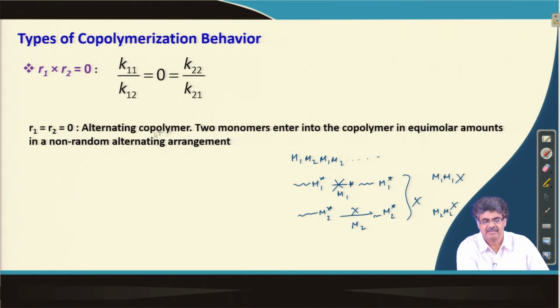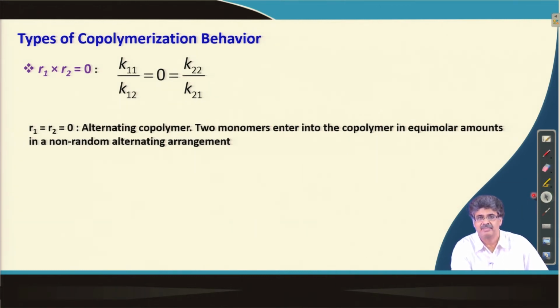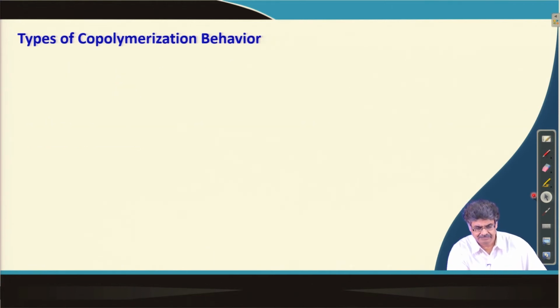So, we will get a perfectly alternating copolymer, and then both capital F1 and capital F2, that means the mole fraction of monomer 1 and monomer 2 in the copolymer, will be 0.5, or half, because the arrangement is one next to the other.